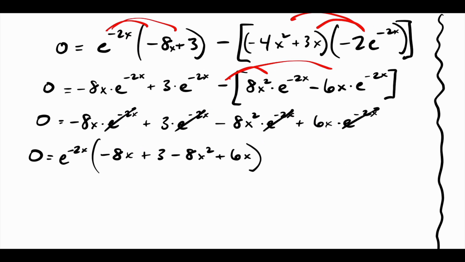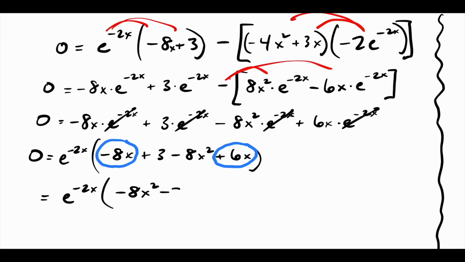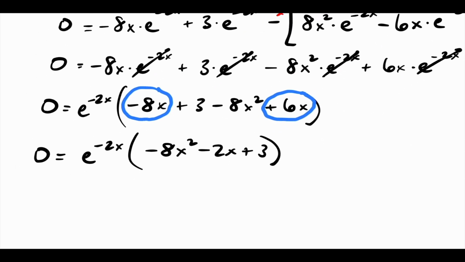On the inside, I can combine some like terms. I can combine negative 8x and positive 6x. I'm going to rearrange some stuff too. I get negative 8x squared minus 2x plus 3. Okay, so now I have one big term.